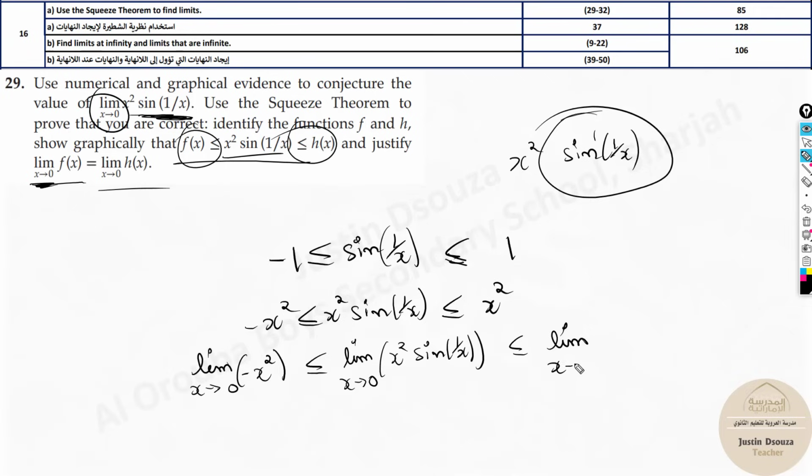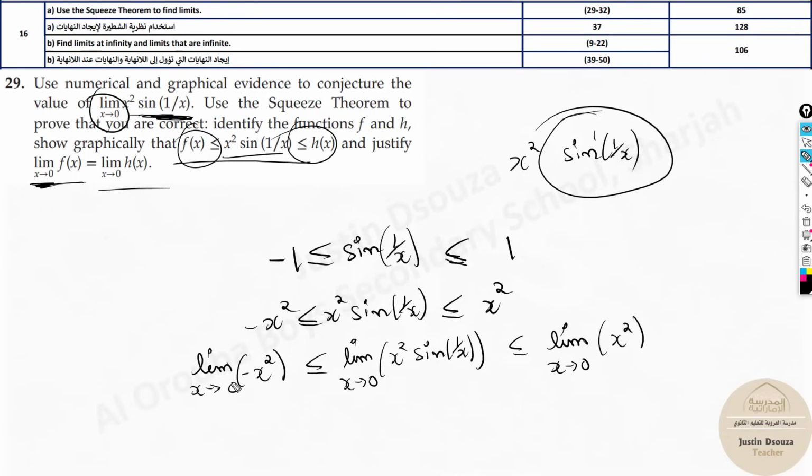I'm just writing this in detail. We are just taking the limit everywhere. Now you don't know the limit over here, so don't find it yet, but you can check and calculate it later on; that does not need to be written.